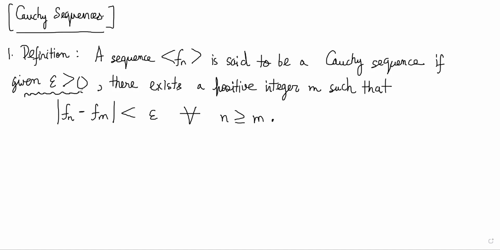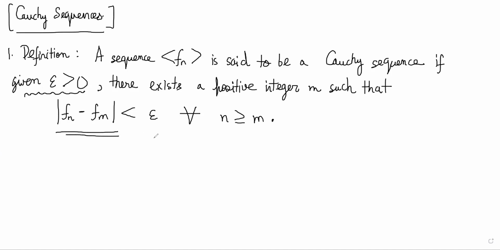Given epsilon greater than 0, some value of epsilon will be given to you. You have to show that there will be some integer m such that after m, always what is true? Mod of Fn minus fm is less than epsilon.